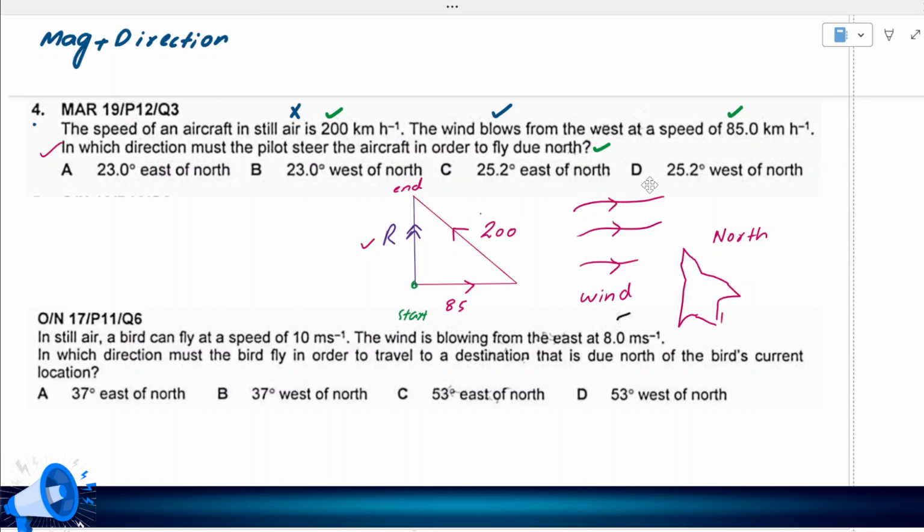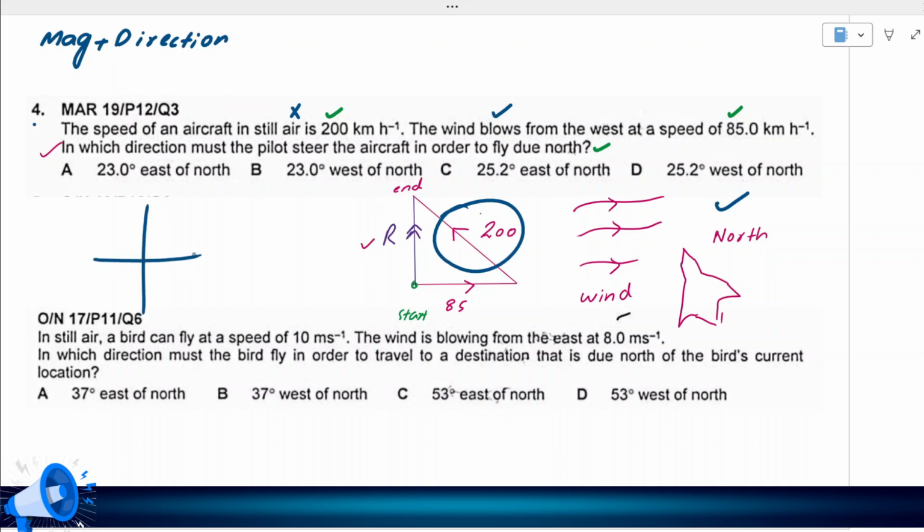And from this we can also know that he needs to travel west of north. We know from this method the direction of the velocity of the aircraft. It is west of north, this direction.